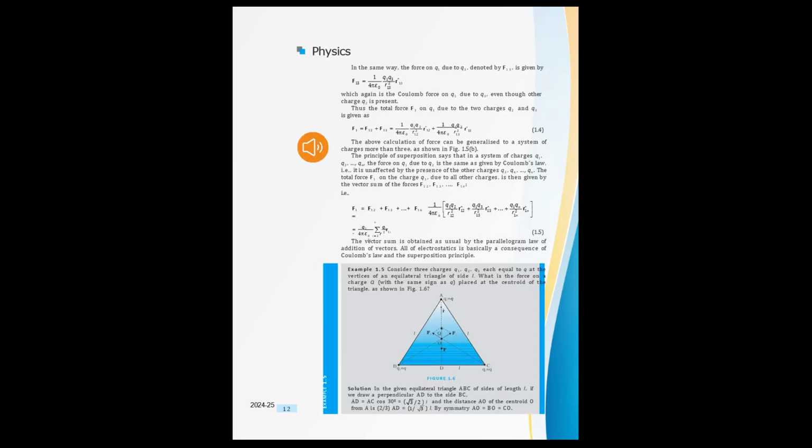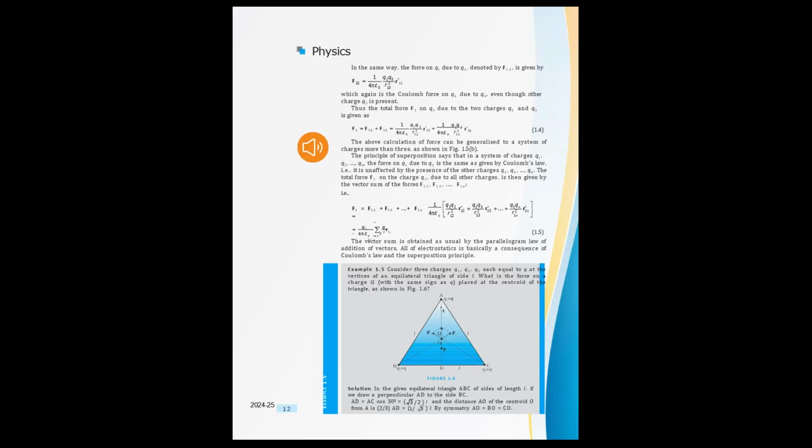Thus, the total force F1 on q1 due to the two charges q2 and q3 is given as F1 is equal to F12 plus F13, that is equal to 1 by 4 pi epsilon naught into q1 q2 by r12 square r12 cap plus 1 by 4 pi epsilon naught q1 q3 by r13 square r13 cap. The above calculation of force can be generalized to a system of more than 3 charges as shown in diagram 1.5b.